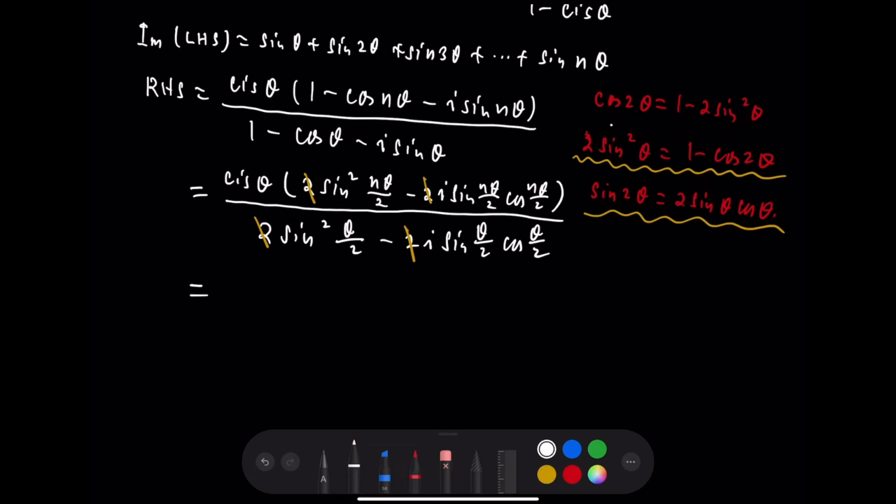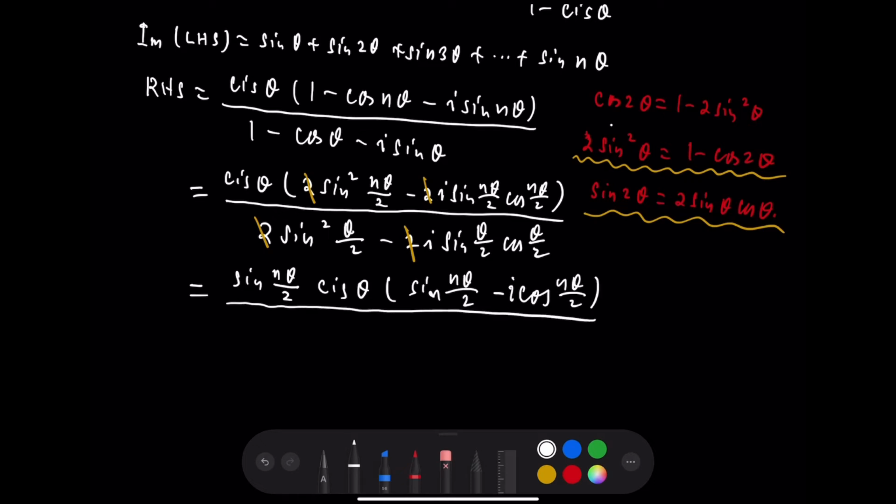I'm also going to take sine n theta on 2 as a common factor. Of course, I still have cis theta there, and I have sine n theta on 2 minus i cos n theta on 2 in the numerator. In my denominator I also have a common factor, sine theta on 2, leaving me with sine theta on 2 minus i cos theta on 2.